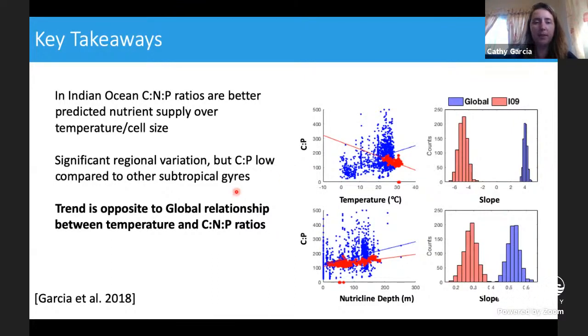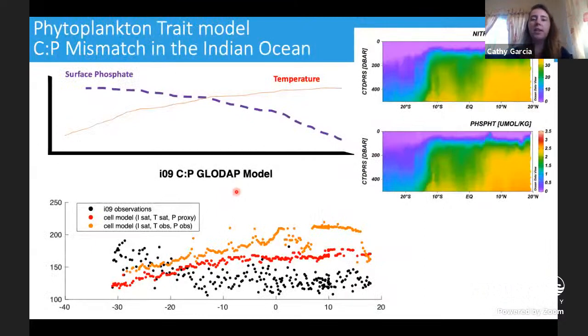So from this, we wanted to test that trait model and see how well the predictions of C to P came out using satellite PAR, so light, temperature from observations, and phosphate observations. What we found was a poor correlation with the observations of C to P. That's the axis shown on the right.